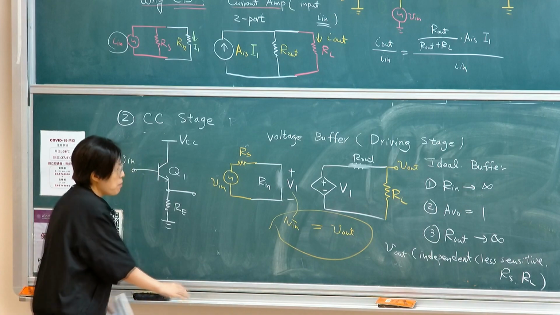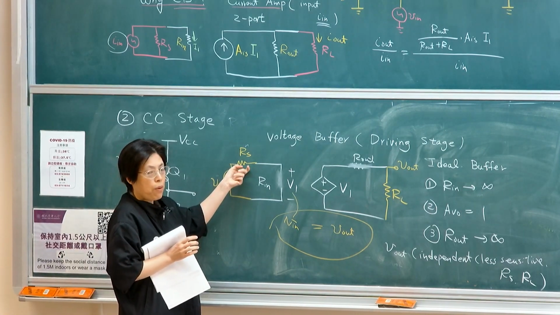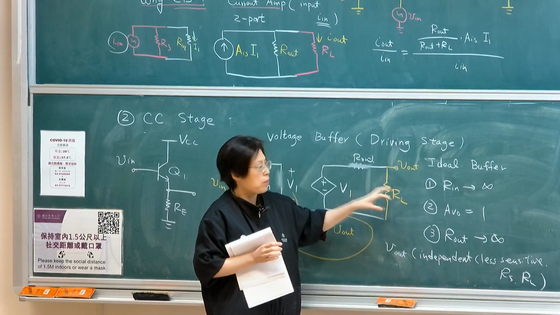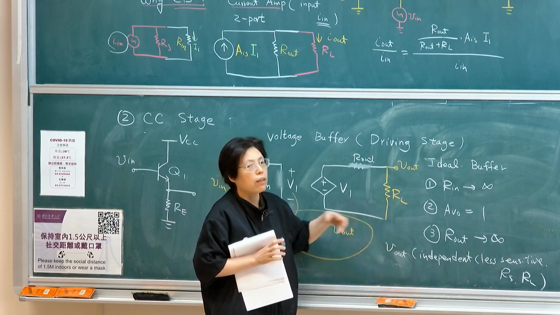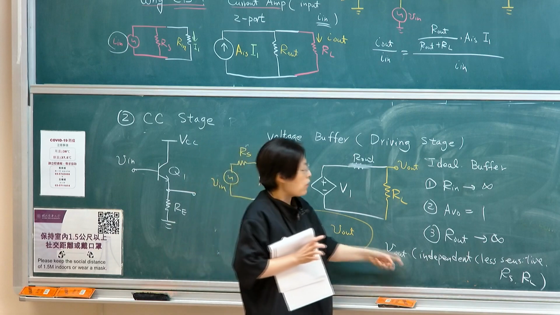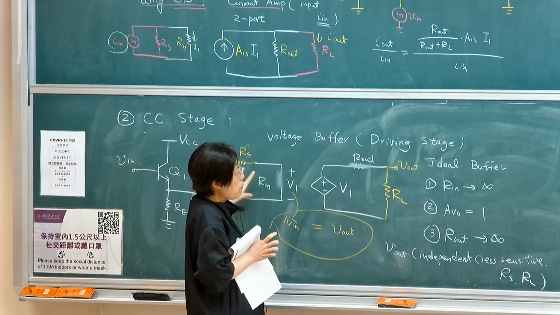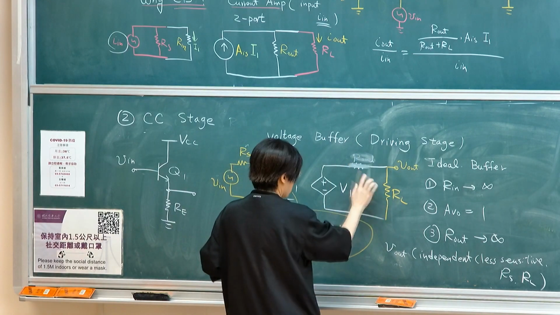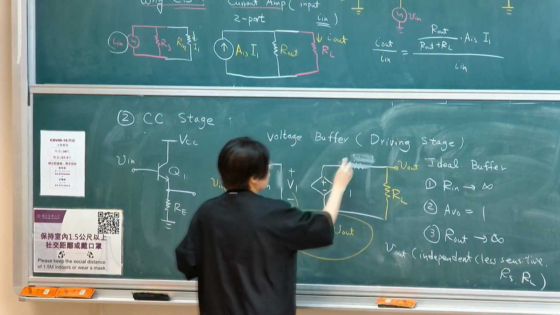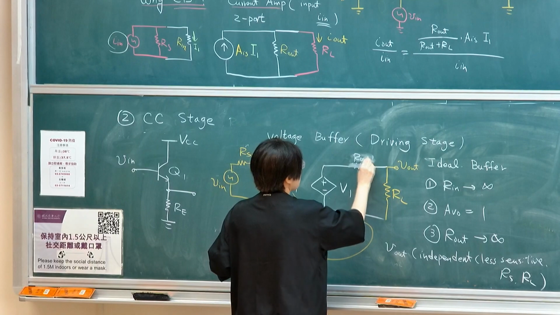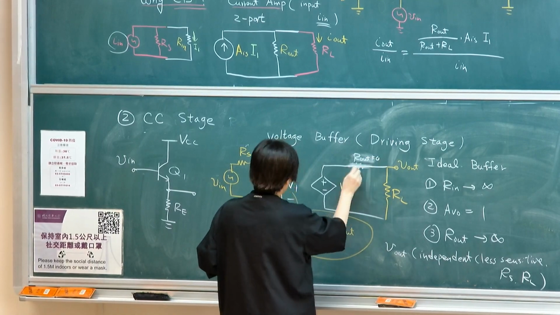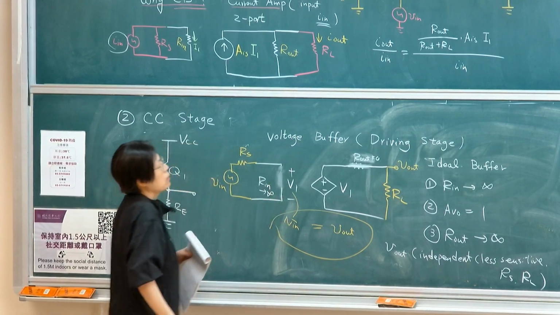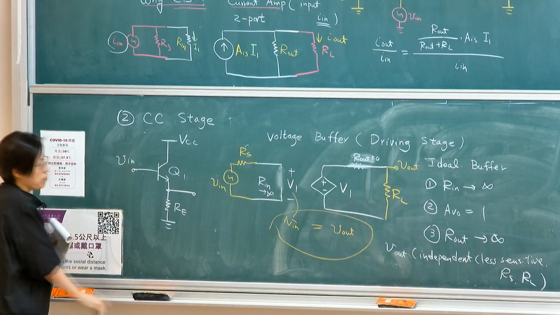I want to make sure that it doesn't matter how imperfect my source is or how much I need to drive the output, meaning that the loading resistance is very, very small, I will still be able to deliver whatever voltage is being taken in. So ideally, this will be 0, R out. As I said, RL equal to 0 will be a short, and R in equal to infinite will be open. That will give you an ideal voltage buffer.